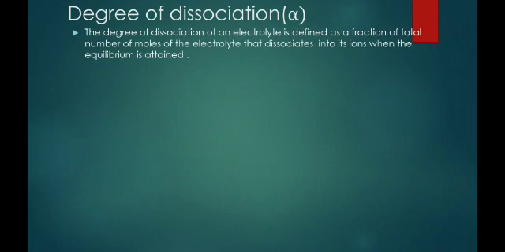I repeat, the degree of dissociation of an electrolyte is defined as a fraction of total number of moles of the electrolyte that dissociates into its ions when the equilibrium is attained. That's why alpha is equal to number of moles of dissociated ions divided by total number of moles.